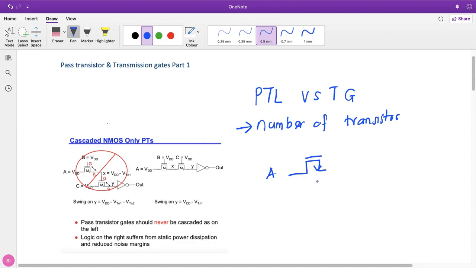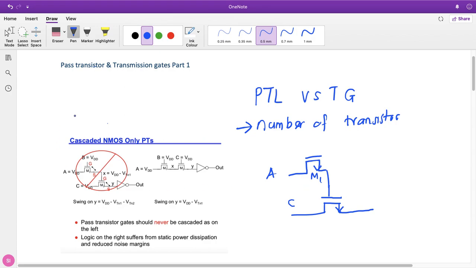there are two instances of NMOS, M1 and M2. This is very similar to the exercise given at the end of the previous lecture.